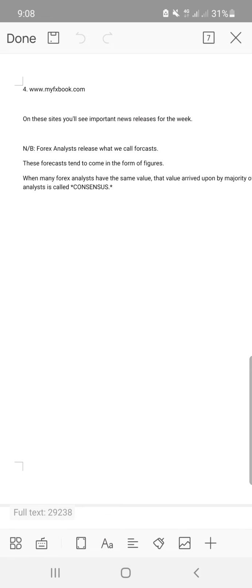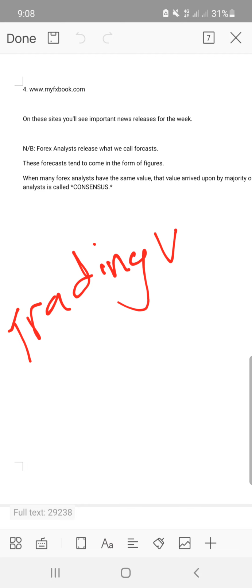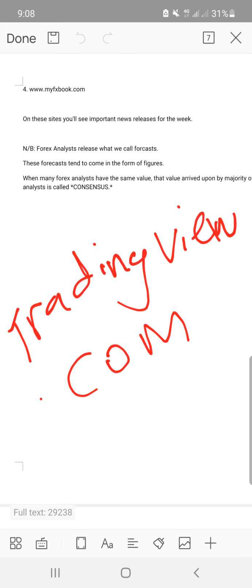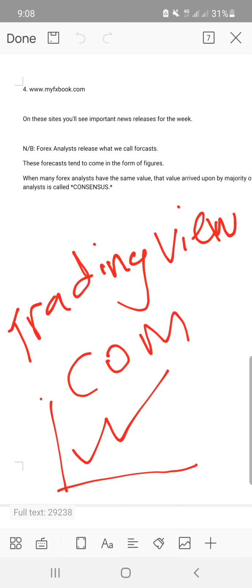They also give forecast charts. Another important site is TradingView, tradingview.com. On this site you will see advanced tools for you to be able to get better charts, or some other tools.